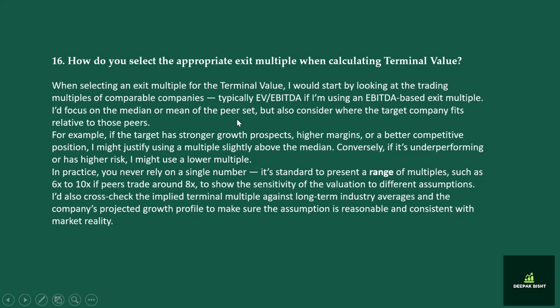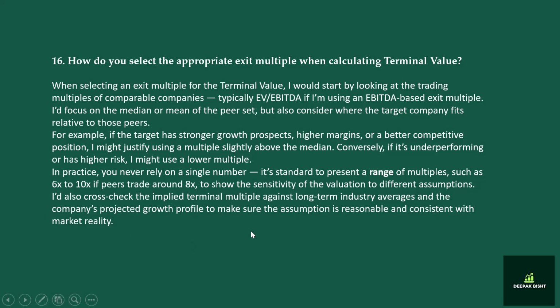If we summarize this whole thing, first we need to identify the peer set of comparable companies. Then we need to collect the relevant trading multiples and focus on the median. Then we adjust for company specific growth, risk, and profitability. After that, we present a range of multiples to illustrate sensitivity.